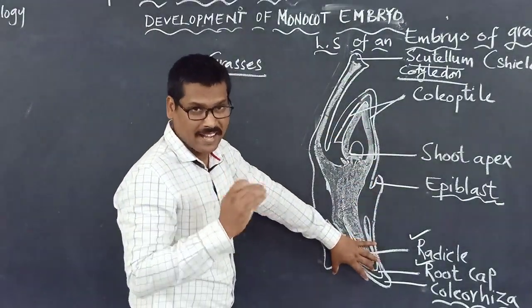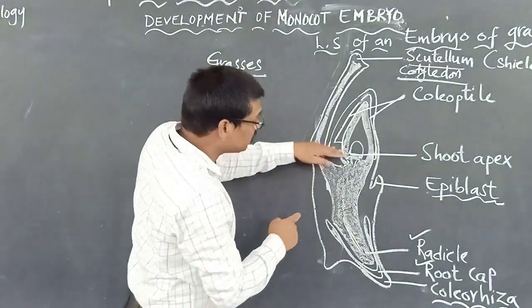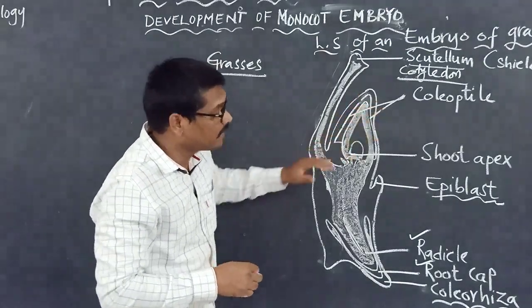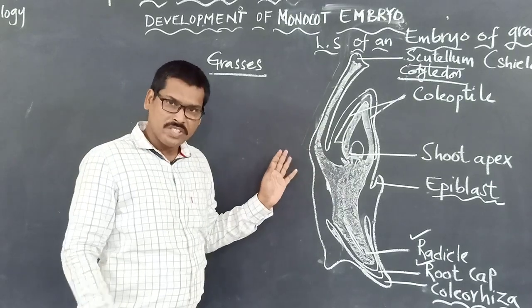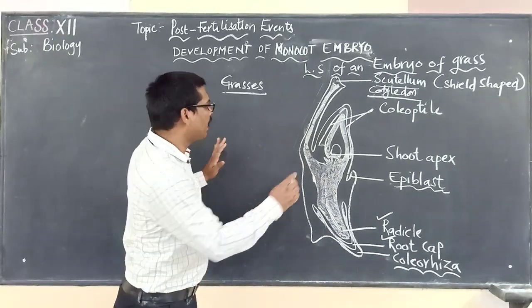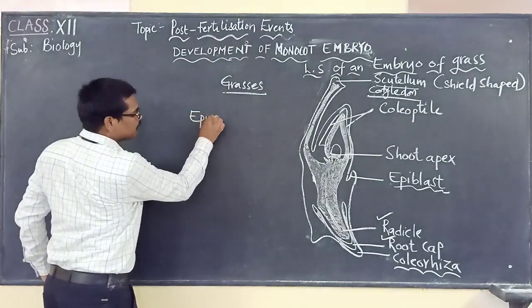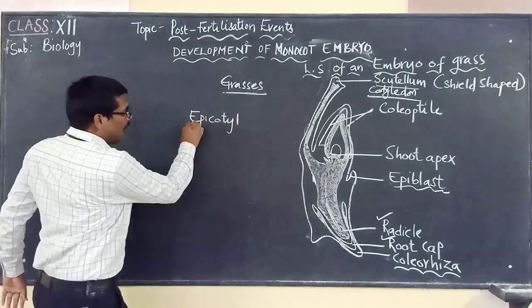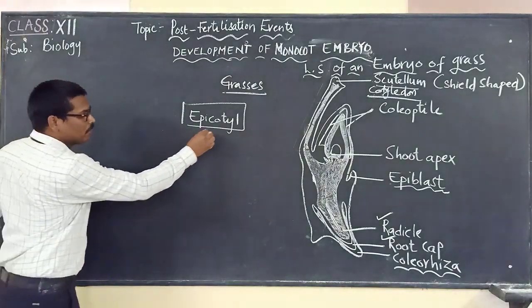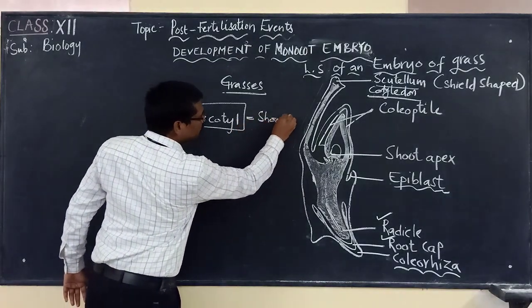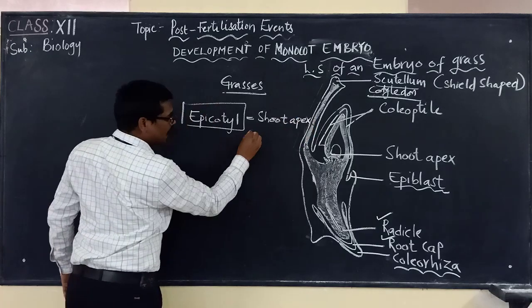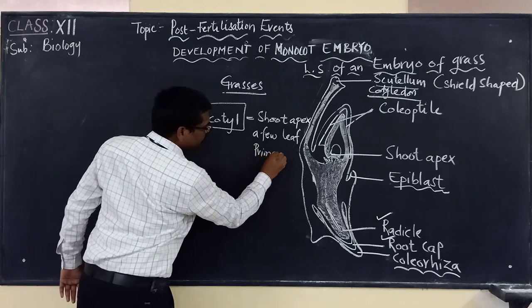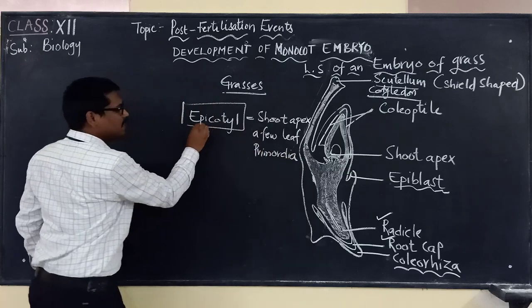The portion of the embryonal axis attached above the scutellum, this part, we call the epicotyl. This epicotyl will give rise to the shoot apex and a few leaf primordia. These are formed from the epicotyl.